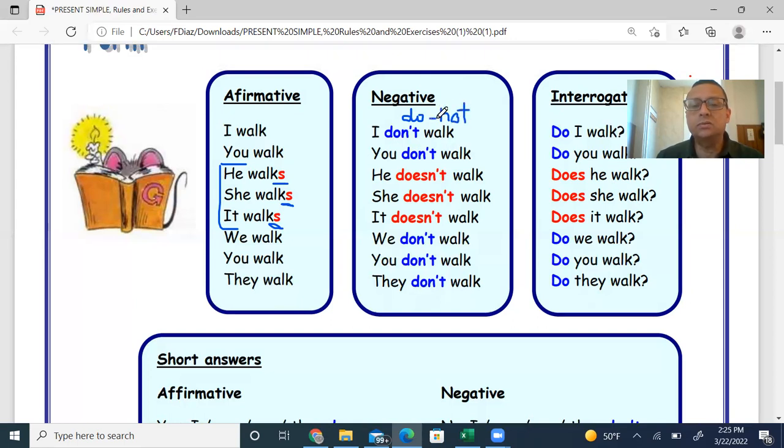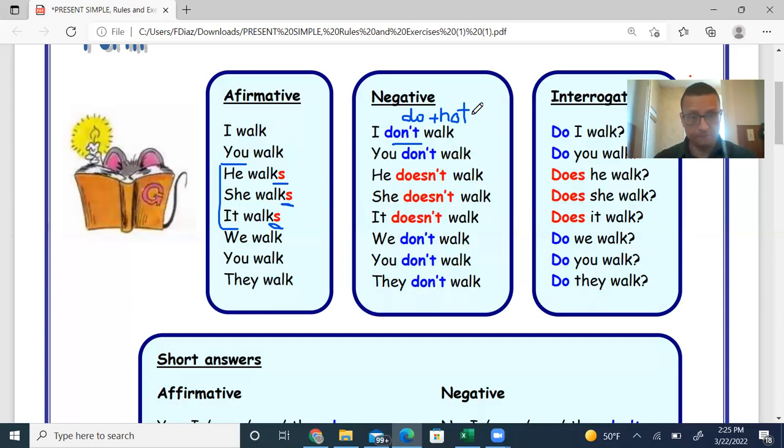Do plus not makes don't. We can contract them. Not means negative, but it does not work alone. It has to be associated with a verb. I walk, I don't walk. You walk, you don't walk.